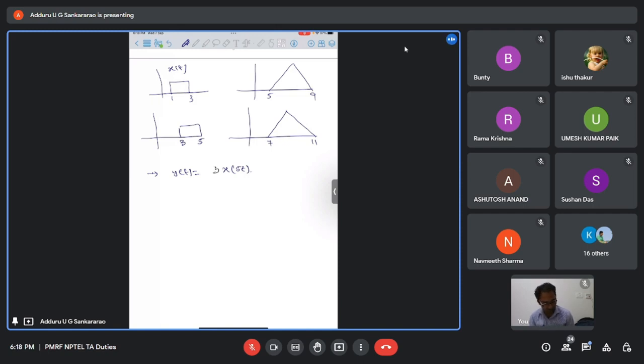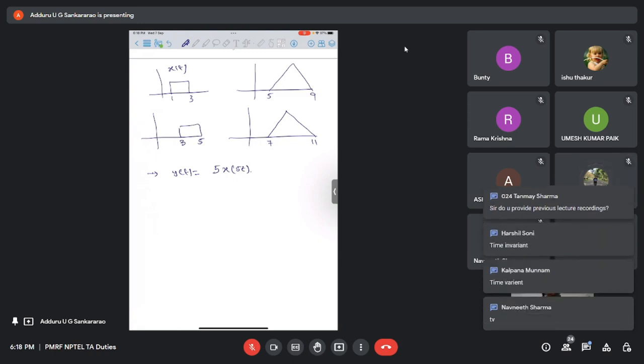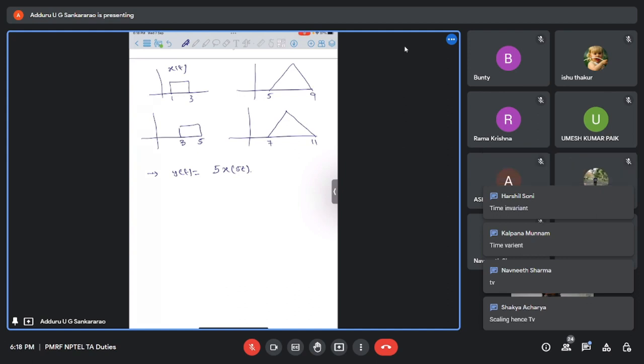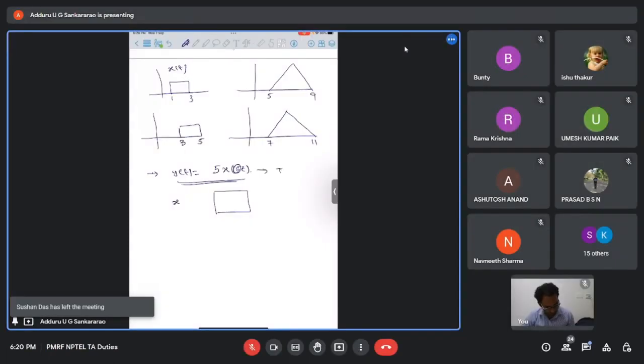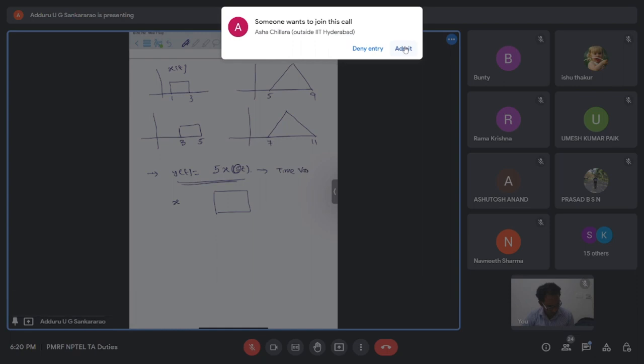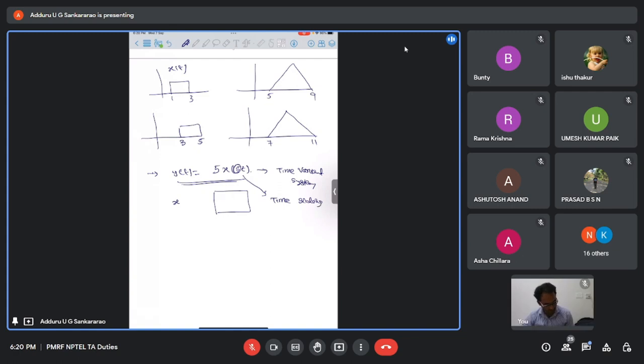Time variant system. Since time scaling is there, it's a time variant system.